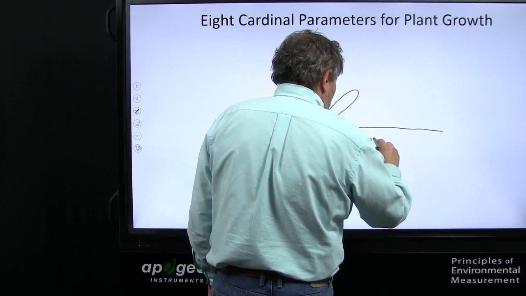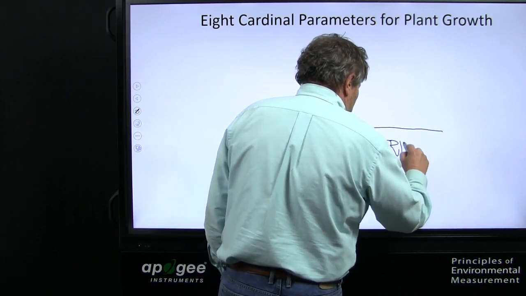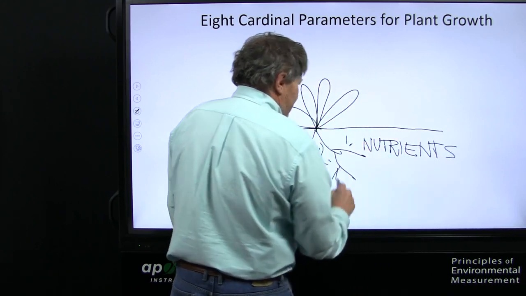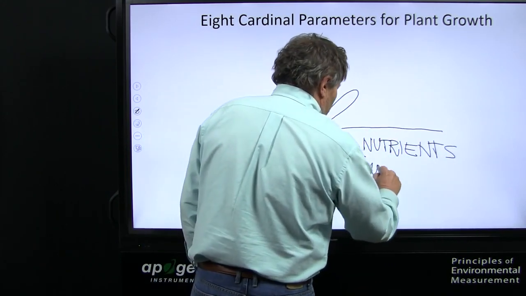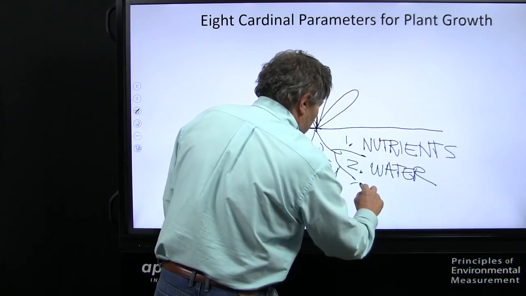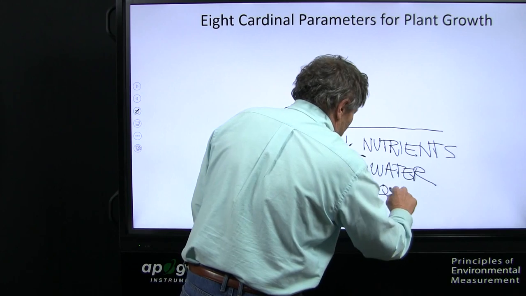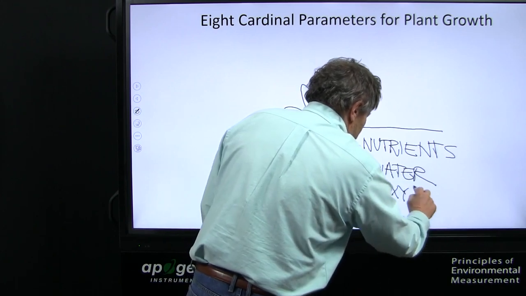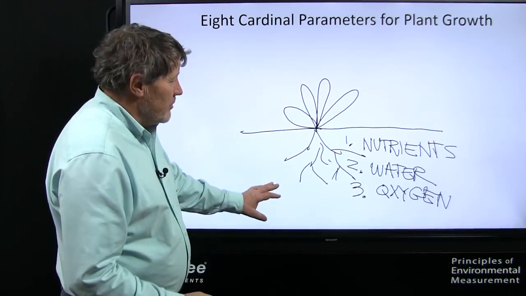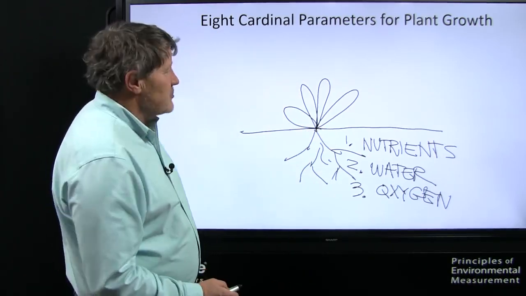First of all, we have nutrients. That's 1. Second, we have water. Third, we have oxygen. Three parameters below ground that are critical to excellent plant growth.